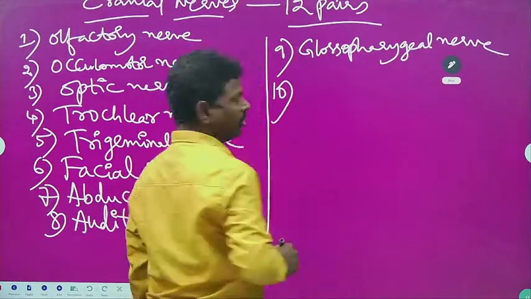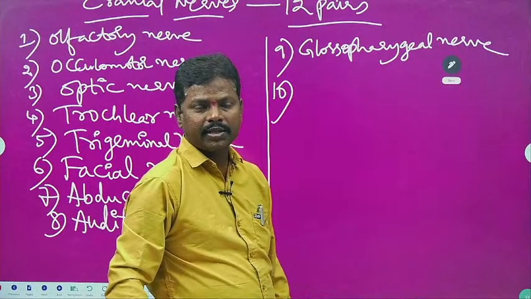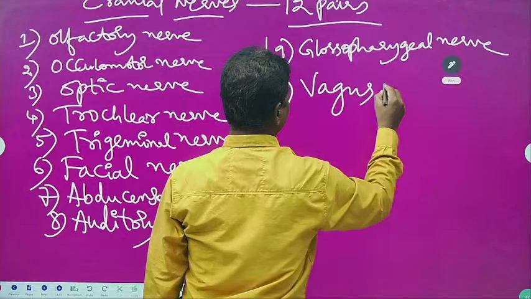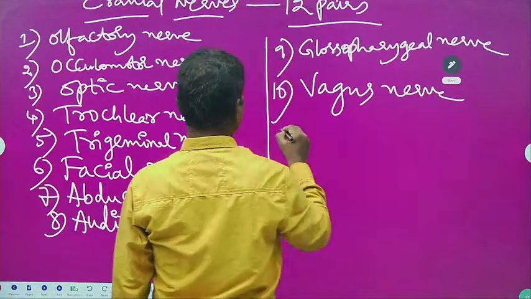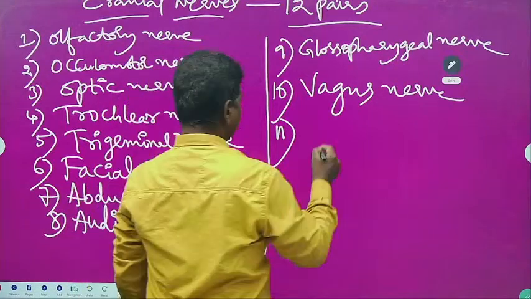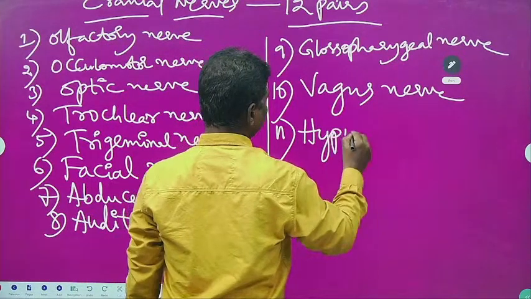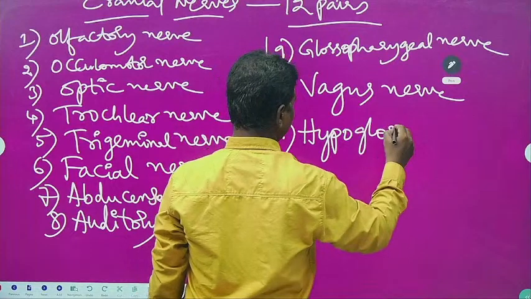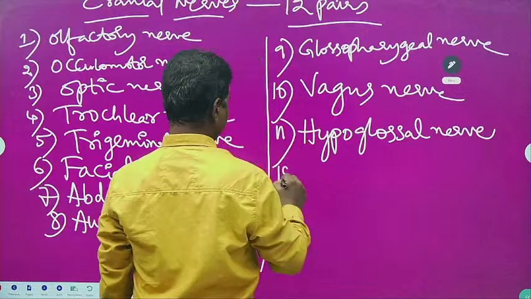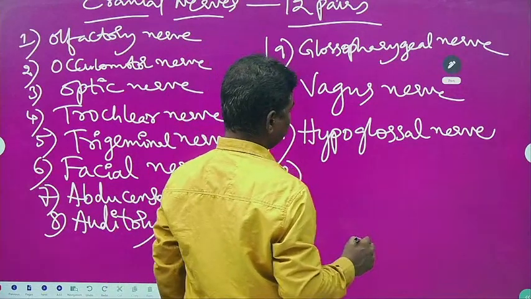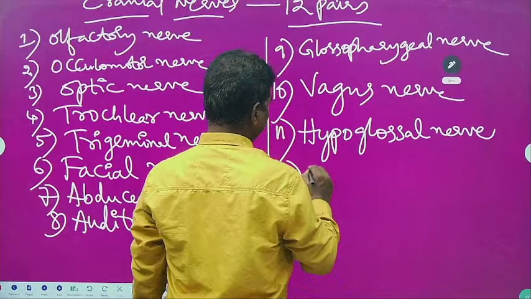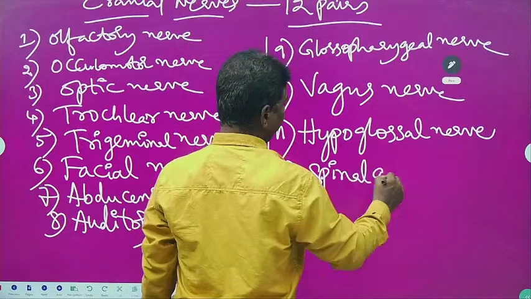Tenth one is vagus nerve. 11th one is hypoglossal nerve. Last one is spinal accessory nerve.